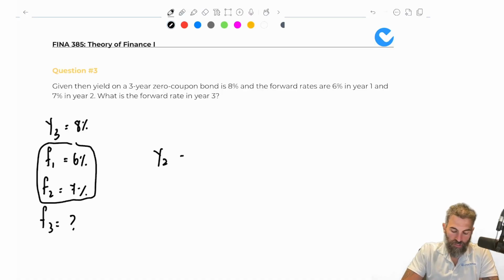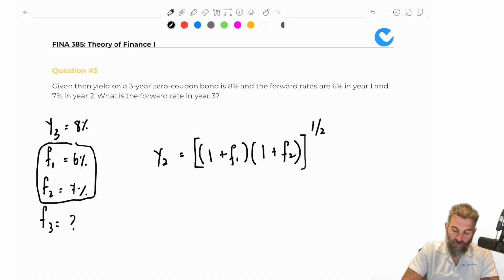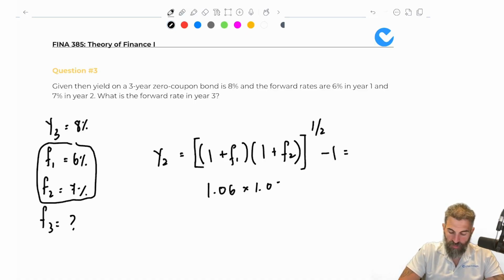So it's basically this: (1 plus F1) times (1 plus F2), all that to the power of a half, minus 1. Okay, so let's try that. 1.06 times 1.07, all that to the power of 1 over 2, minus 1.